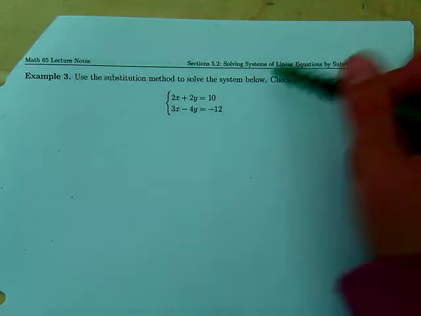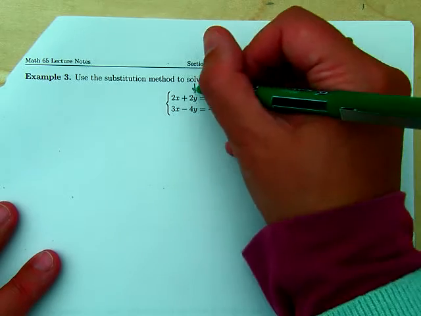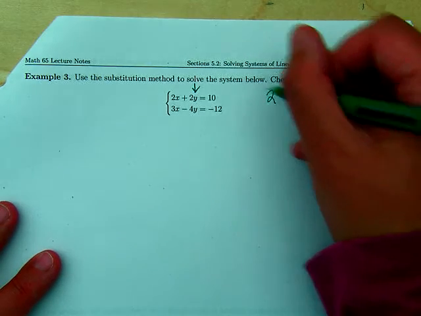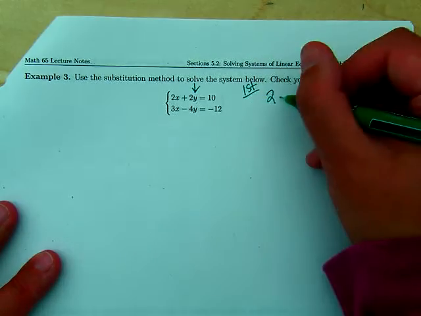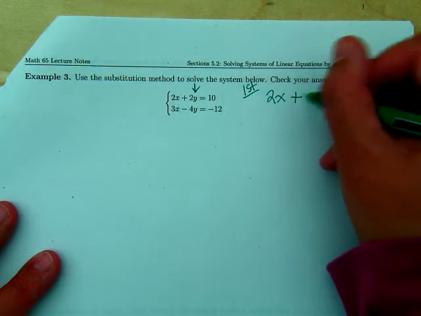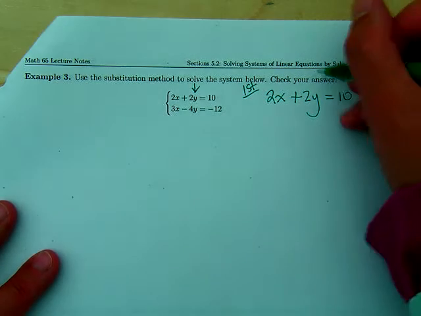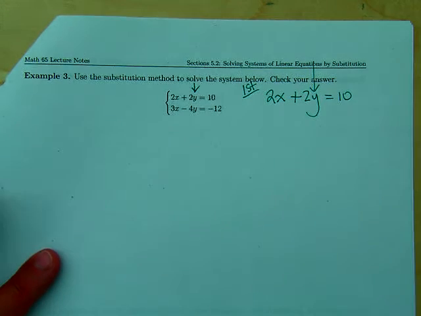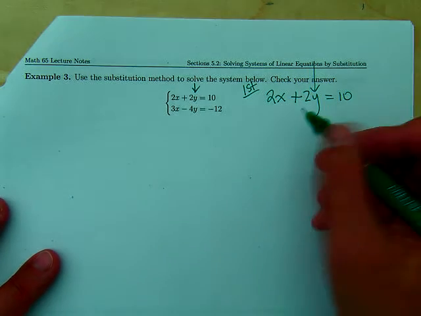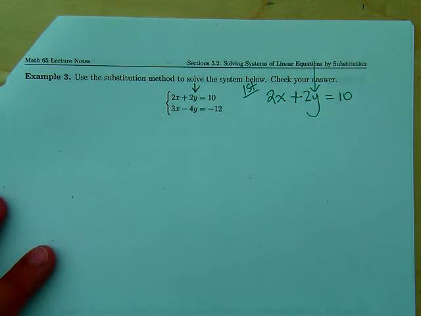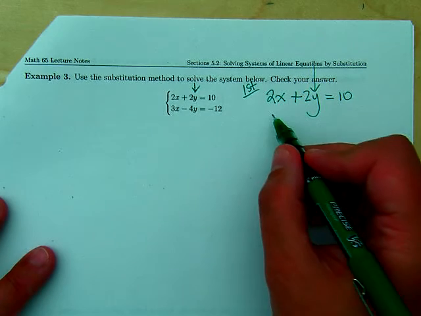Y, okay. That was the choice. It really wouldn't matter. You could get x by itself. But since we're in the practice of getting y by itself, let's do it that way.